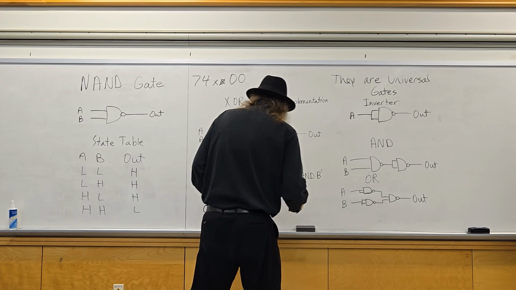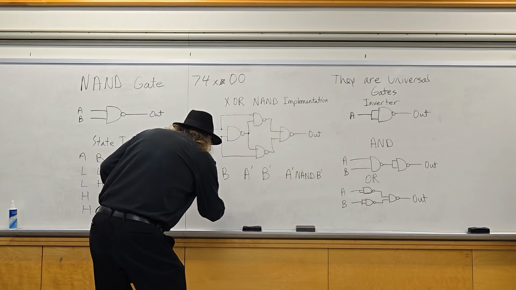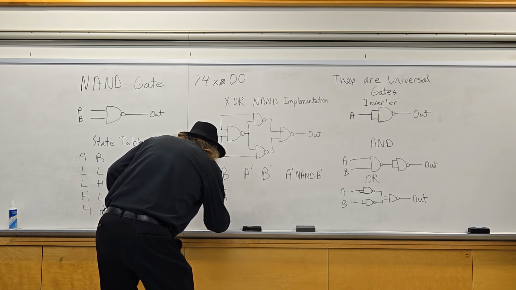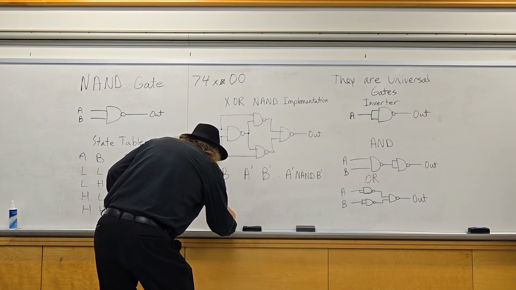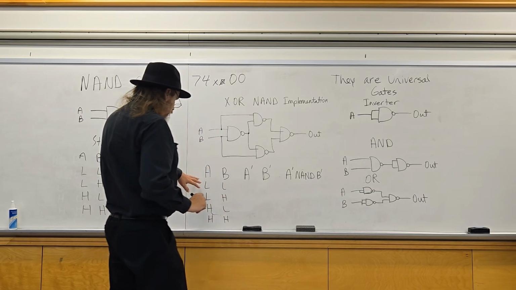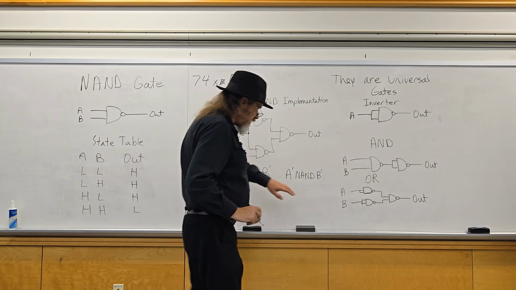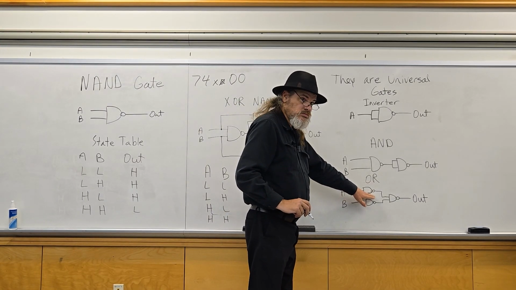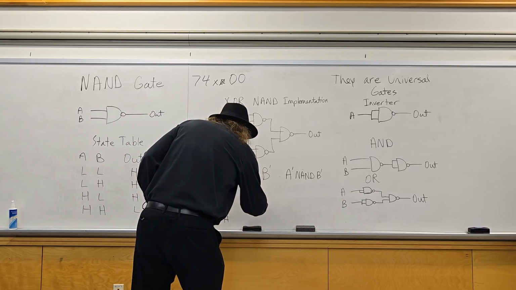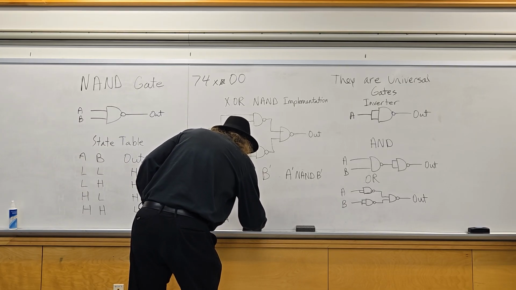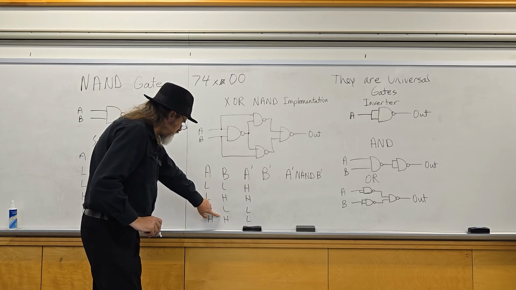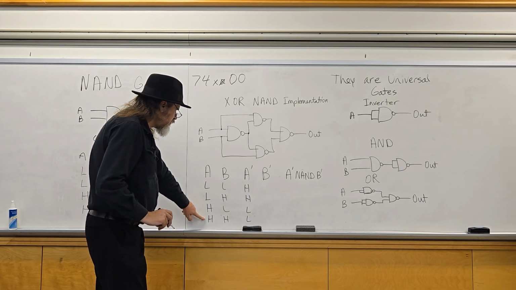Okay, so you got low, low, low, high, high, low, high, high. So A prime would be what you get after this. This is an inverter. So A prime is H, H, L, L, just the inversion of these inputs.